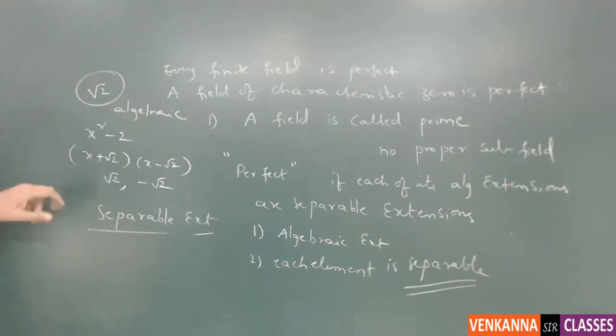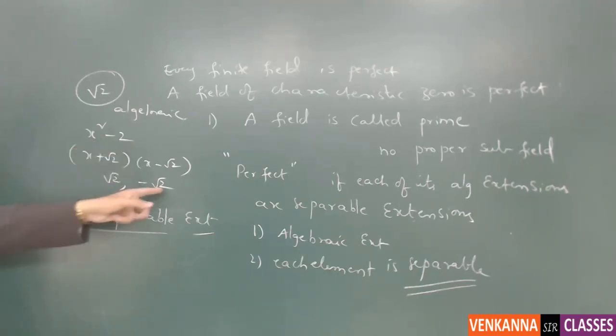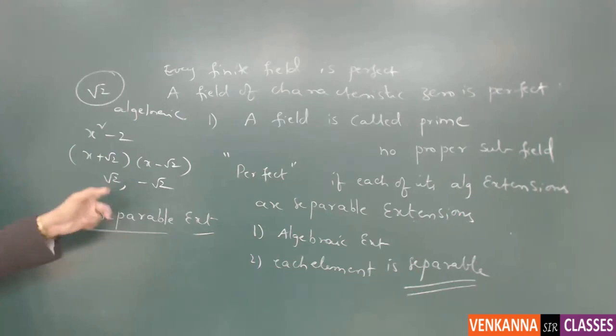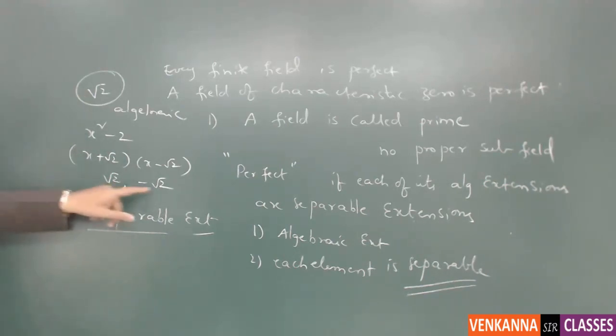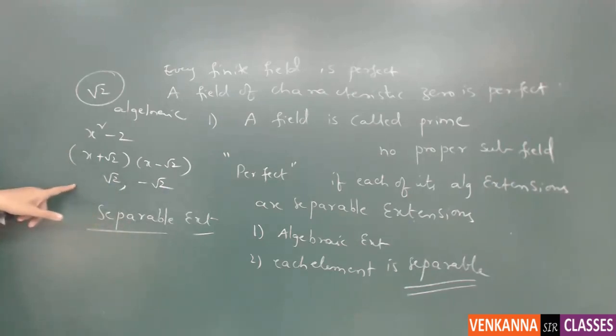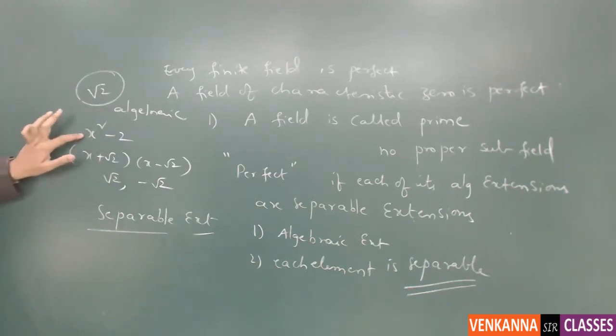Now see, if you consider all the roots of this polynomial, all are simple roots, no root is repeated, all are distinct. Accepted? So root 2 is an element satisfying a polynomial which contains simple roots only. This element is algebraic as well as separable. This polynomial we call a separable polynomial.